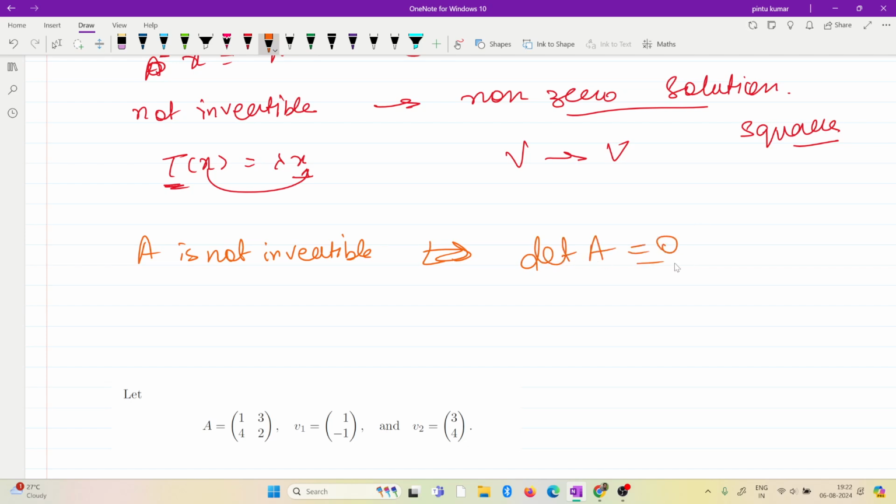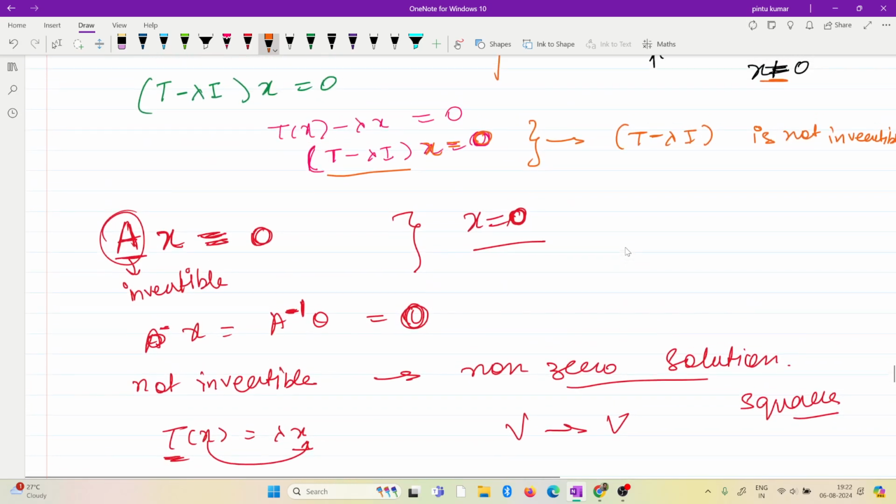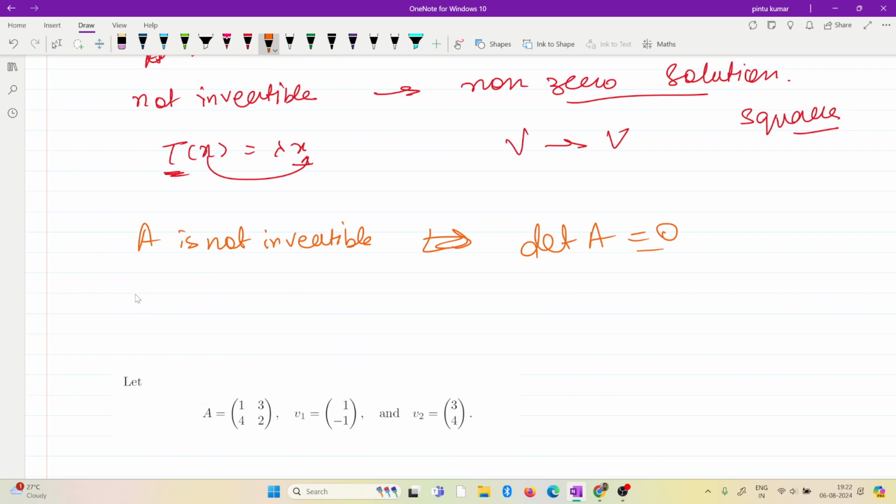If the determinant of A is 0, then your matrix is not invertible, and vice versa, for a square matrix. So what we want is that the determinant of T minus lambda I is equal to 0. A way of finding your eigenvalue is solving this equation for lambda such that the determinant of the matrix T minus lambda I is equal to 0.